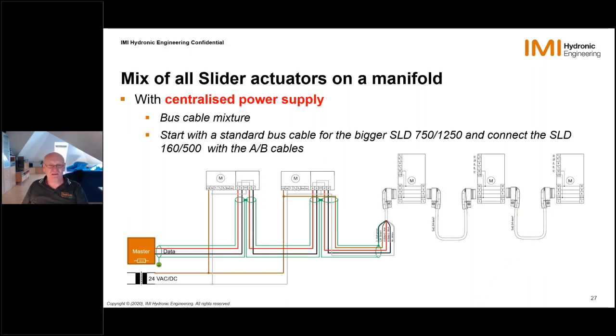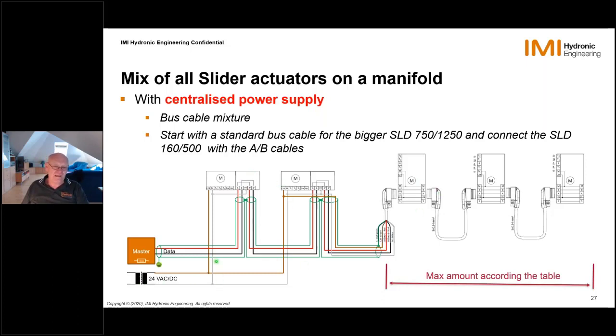So that is a simple thing we can do, and there is nothing special except the mass potential connections. But we have to consider that the maximum amount is still according to the table, because we are coming from the same power supply.